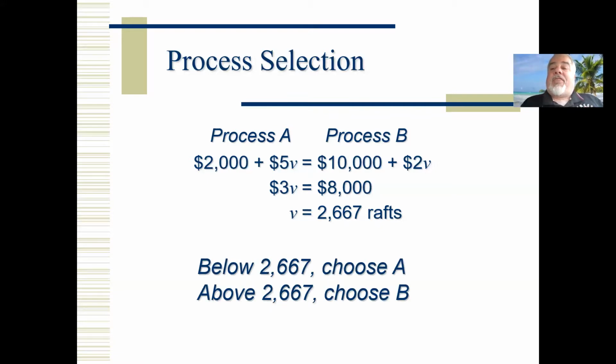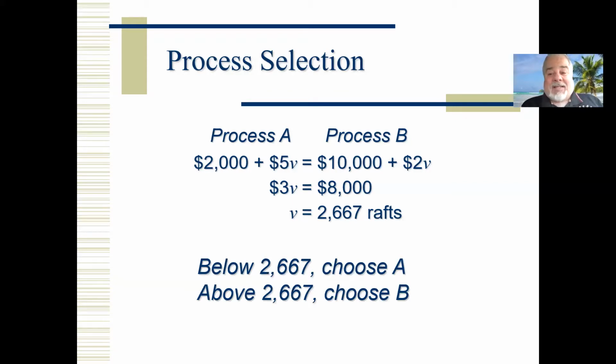Bottom line, with these numbers and assuming you have good marketing data and good confidence that you can sell these units, if you're going to sell less than 2667, choose A. Above 2667, choose B. If you're anywhere near 2667, you need to start looking at your confidence in your marketing information.